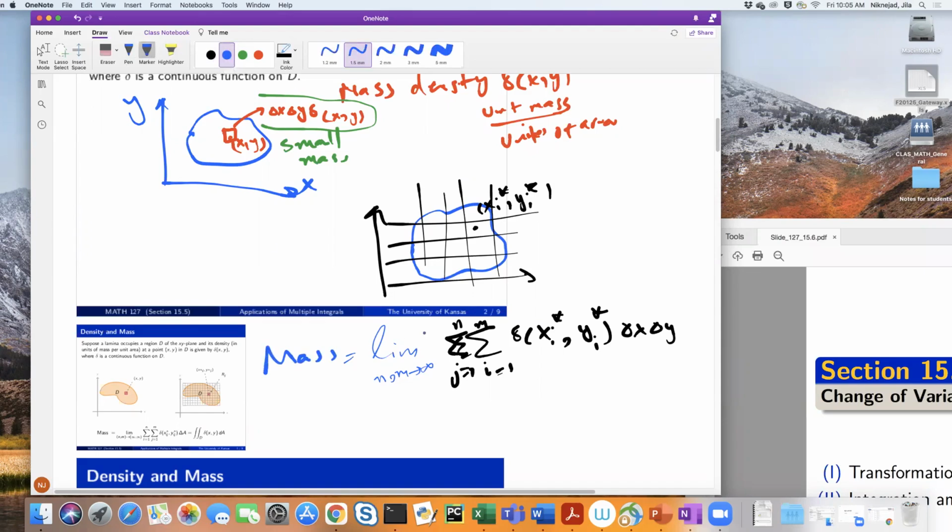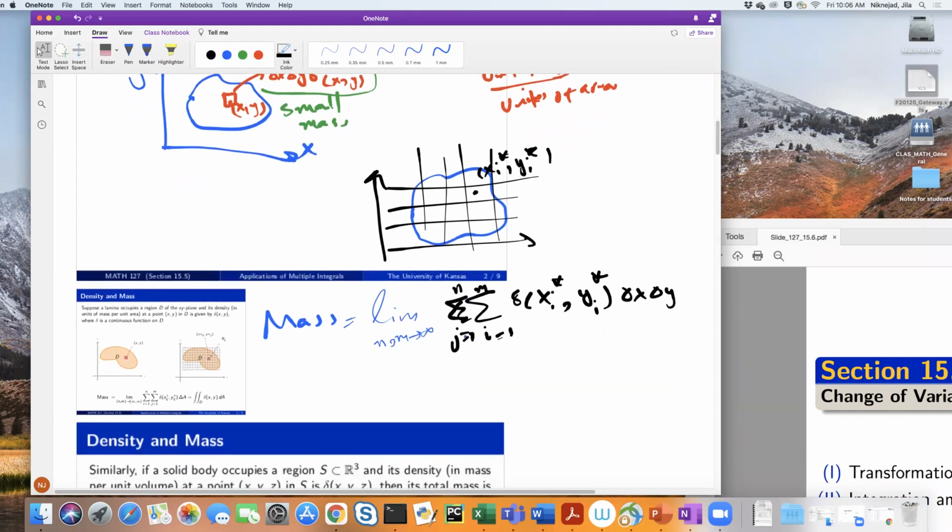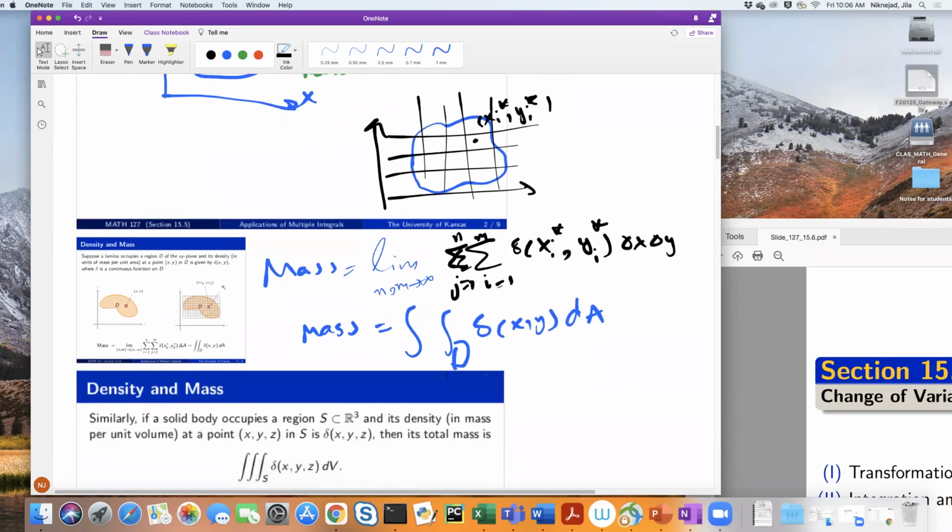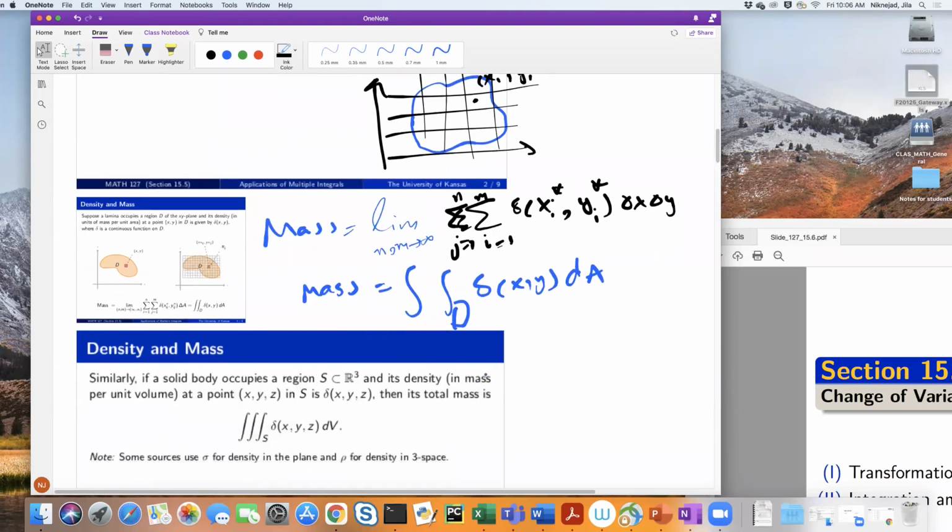Okay, so that's the general idea of why the formula is going to be this. So the mass is going to be the double integral of the density function at x and y, dA, either dx dy or dy dx, over the lamina, which we named D. So the mass is the double integral of the density function, dA.